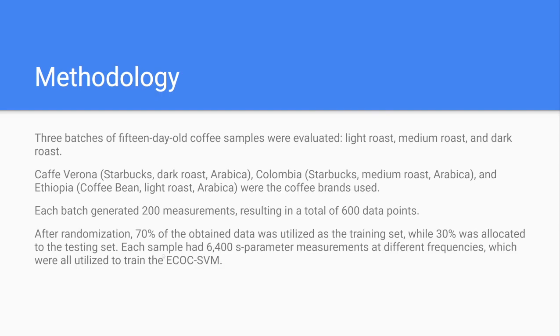The training is automatically optimized. Each sample has approximately 6,400 S parameters. So you can imagine that each sample produces a lot of data points that needs to be classified by the ECOC-SVM.